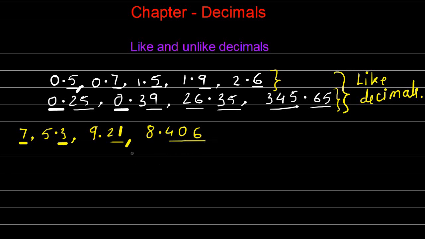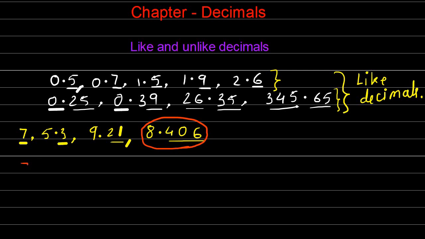Now how to convert them into like decimals? We have to convert them in such a manner that they have the same decimal places. What you need to do is choose the decimal number which has the maximum decimal places, that is this one here. It has 3 decimal places, so choose the one which has the maximum. Now every decimal number you need to convert into 3 decimal places.